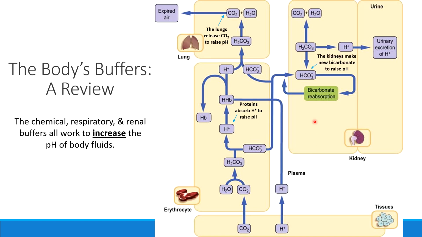And when we look at the renal buffering system, there are multiple ways that we use this to increase our blood pH. First, we can build new bicarbonate molecules using that enzyme that we talked about. Then we can release hydrogen ions that come from breaking down carbonic acid to make our bicarbonate. And finally, we also reabsorb the vast majority of the bicarbonate that ends up in our pre-urine.